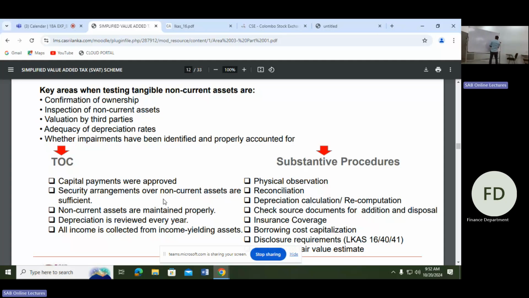A service company and a manufacturing company. Manufacturing company, rely on control approach.